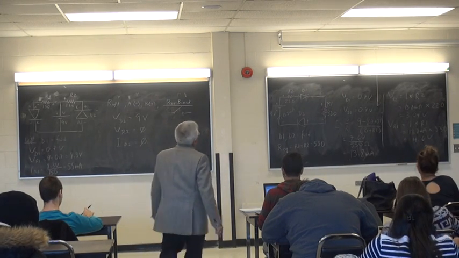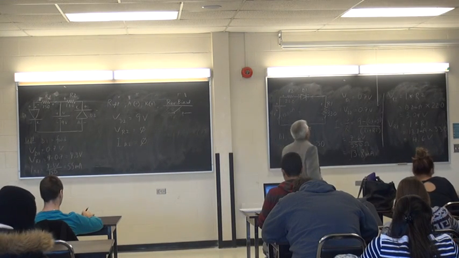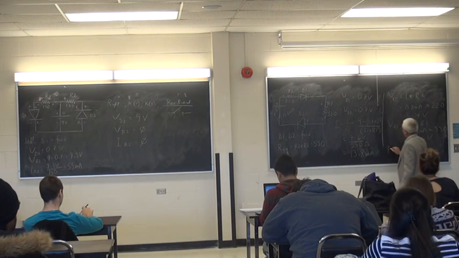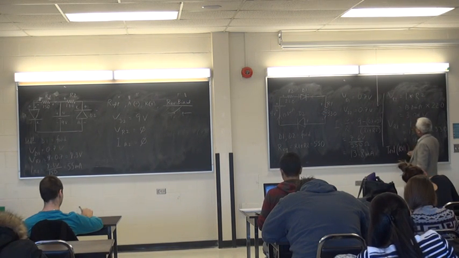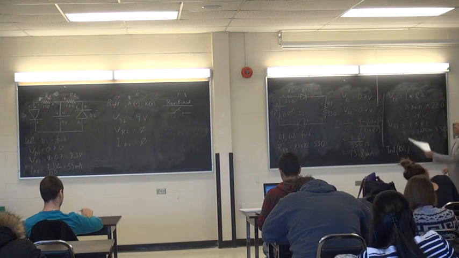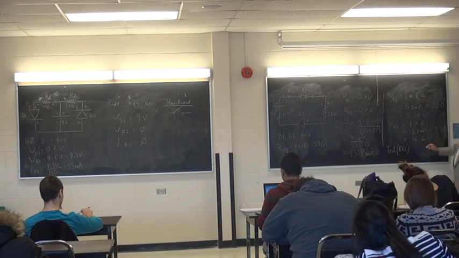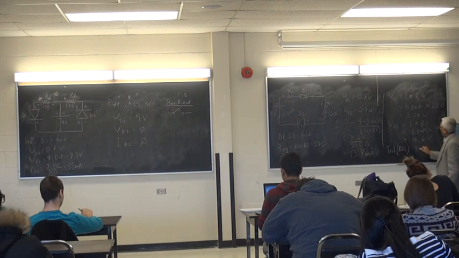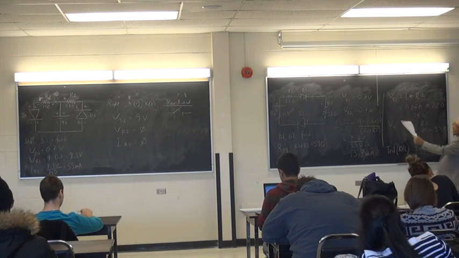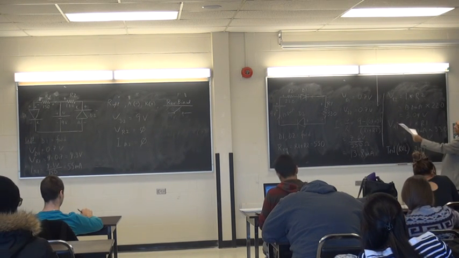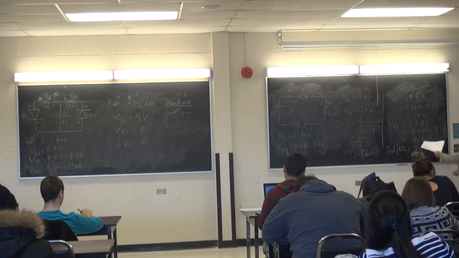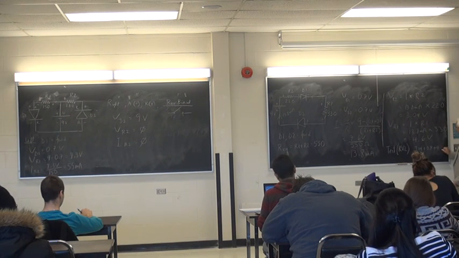Let's see if all my voltages add up to 9. So test. Kirchhoff's voltage law. Let's add up the voltage at 220, which is 3.04. Voltage at D1, 0.7. These are the drops. Voltage at R1, 4.6.